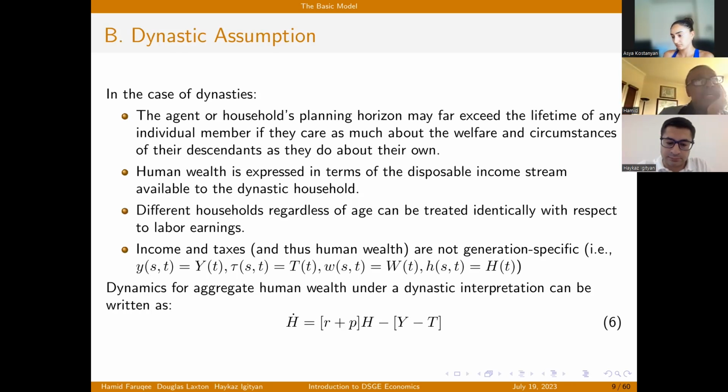So you might think of p being a smaller number, a smaller probability of death, and a longer planning horizon than in the case of an individual. Human wealth, interestingly, in this case, you want to think about not as a disposable income stream of an individual, but of the family itself. So the income stream available to that dynastic household over time.